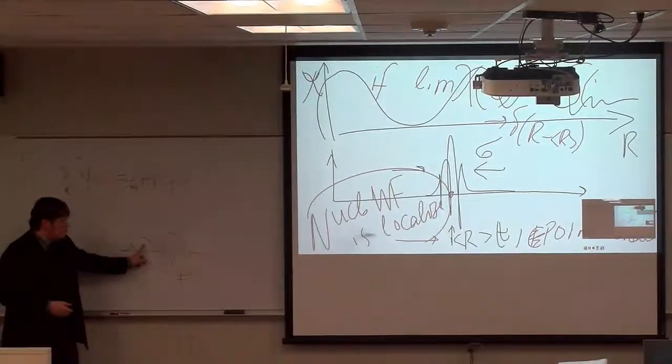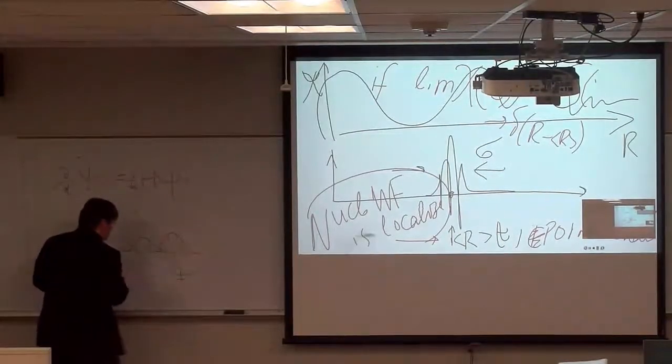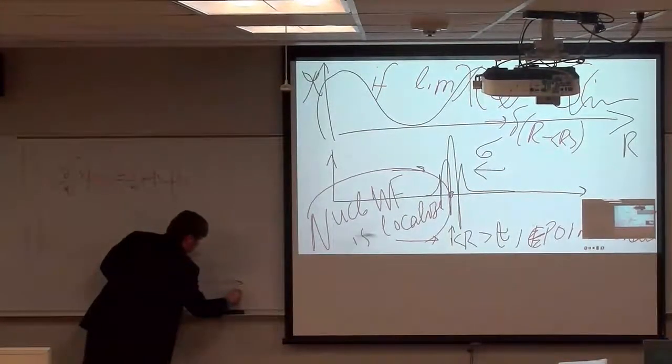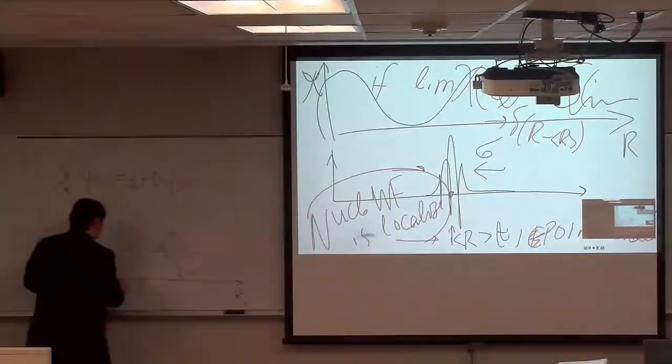So this Gaussian shape is the interatomic positions.